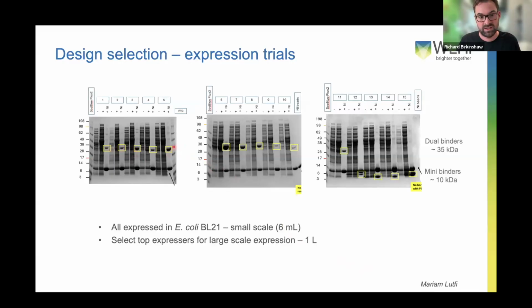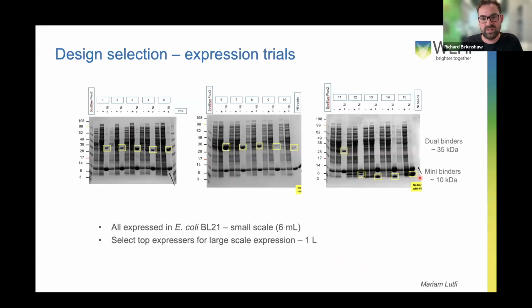These are our designed dual binders, which are quite large proteins, about 35 kilodaltons, and you can see various levels of expression and purification for these. And then these are our mini binders down here, which have a size of about 10 kilodaltons. Again, we were able to express and crudely purify using nickel here.